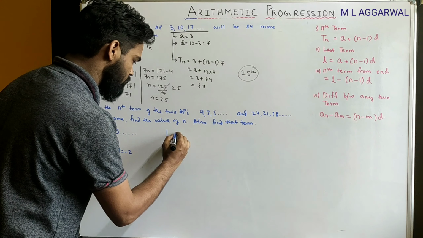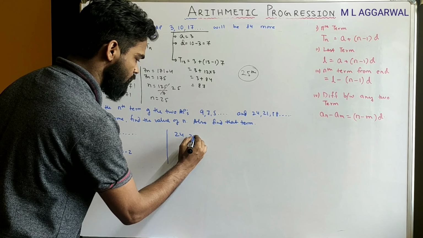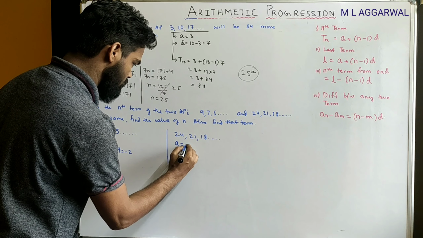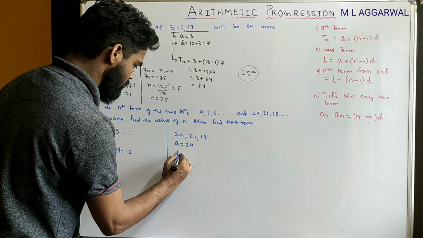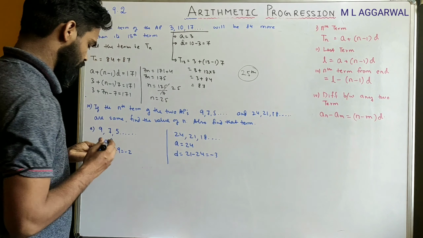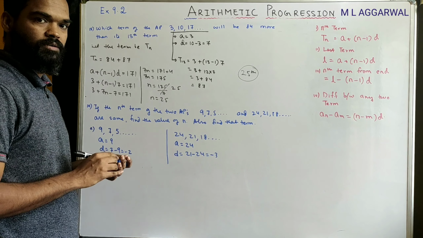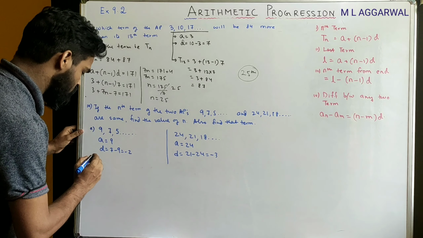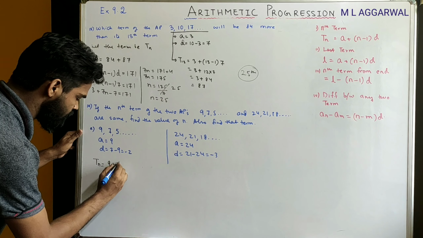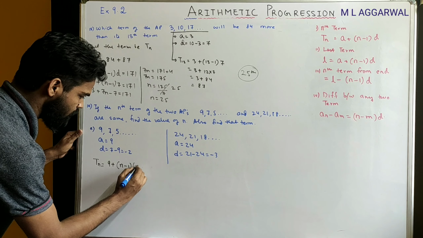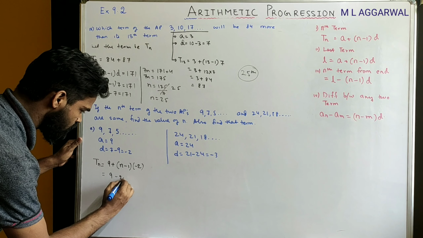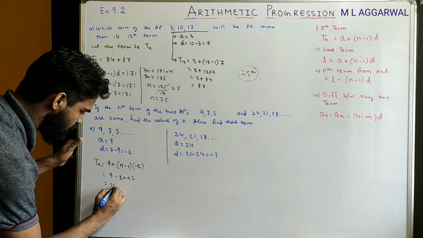The second AP, 24, 21, 18, dot, dot, dot. Over here a is 24 and your d is 21 minus 24, that's minus 3. Now the nth terms are equal, so Tn will be a plus n minus 1 into d, which is 9 minus 2n plus 2, which is 11 minus 2n.